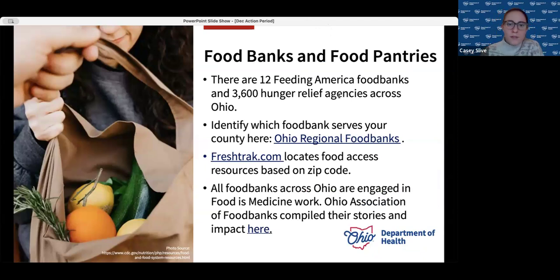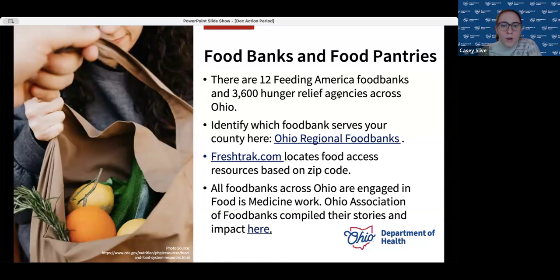So, food banks and food pantries. This is definitely a common approach to addressing food access needs. In Ohio, we have the Ohio Association of Food Banks, the broader statewide organization that supports the 12 Feeding America food banks. From those food banks, there are over 3,600 hunger relief agencies, such as food pantries, across Ohio.